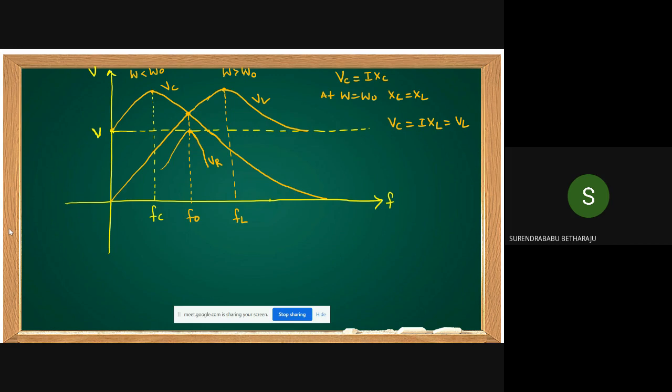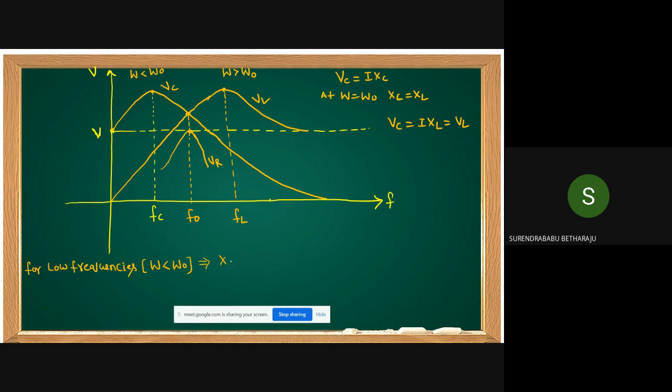For example, take low frequencies, that is omega less than omega naught. Low frequencies in the sense omega less than omega naught.